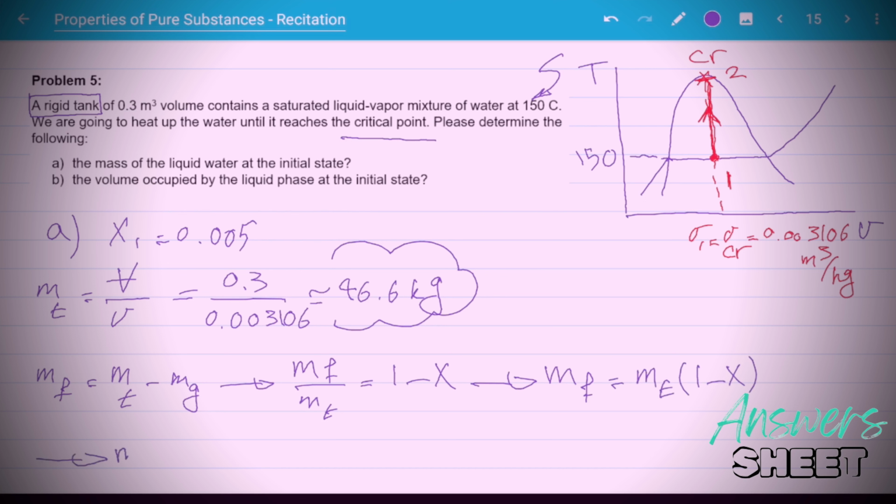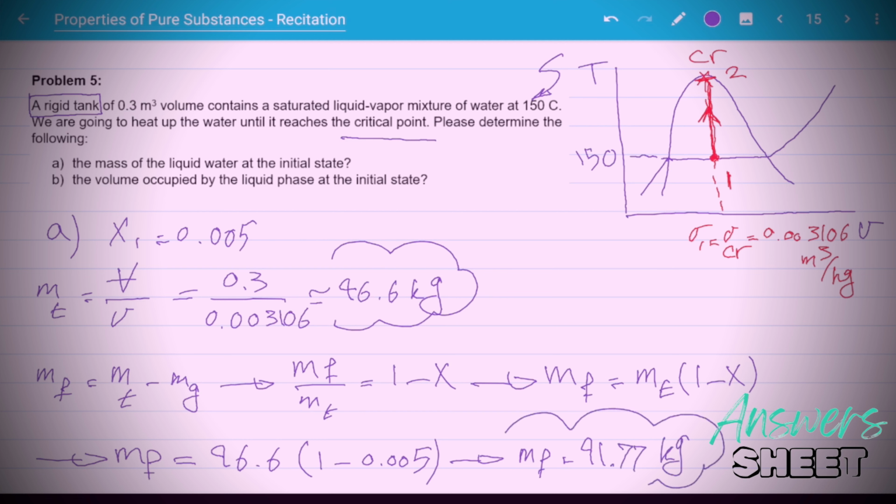So plug in numbers, I get the fluid mass, or the liquid mass, is 96.6 times 1 minus 0.005, which, if you do the calculations, gives you mass of the liquid is 91.77 kilograms.